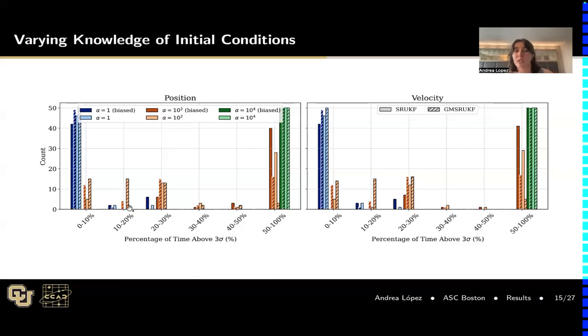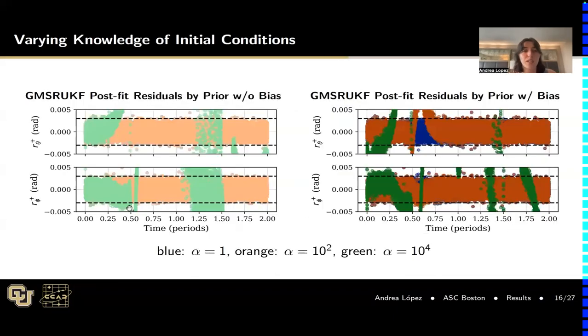Looking a little deeper into this, at the post-fit residuals for the without-bias case and the with-bias case, and again forgetting about the green, we can see in the orange case that we are pretty much extracting all of the information that we can from the filters.